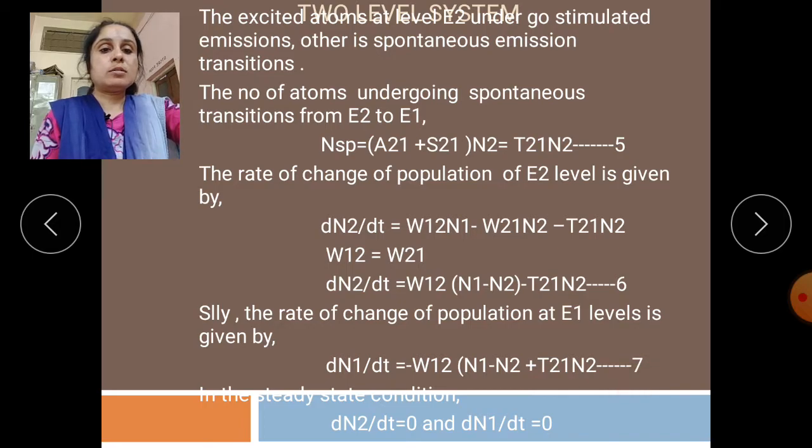In this case a steady state condition will be reached, so dN2 upon dt is equal to 0 and dN1 by dt is equal to 0.